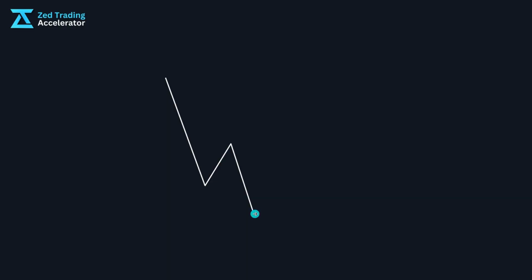So for example, we want to see price respect this order block. But if we fail, that order block turns into a breaker block. Earlier, we wanted to see it provide some kind of resistance. Now, it will provide strong support, right?